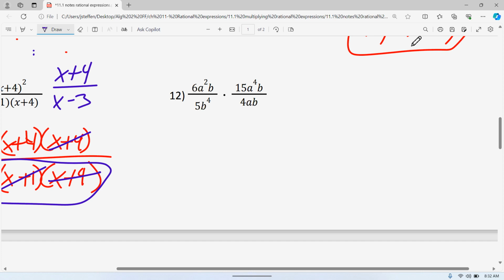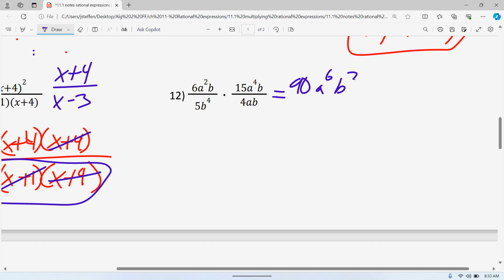So if you just multiply straight across, 6 times 15 is 90, I think. A squared times a to the 4th, you add your exponents, so that's a to the 6th. B times b is b squared.